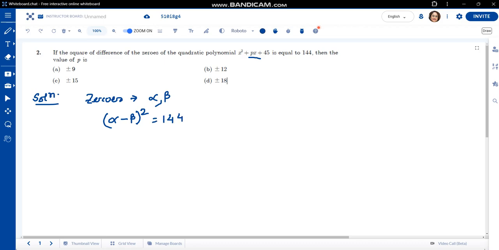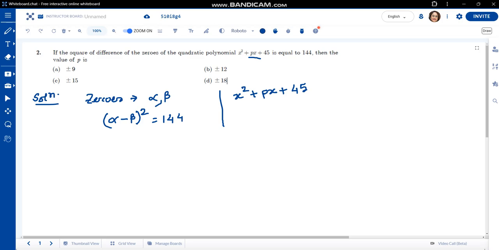This is one part that is given. Now there is another part, that is the quadratic polynomial x square plus px plus 45.